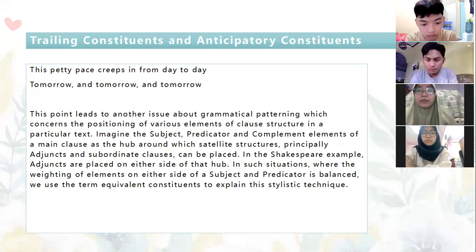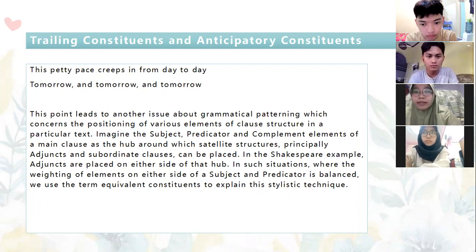issue about grammatical patterning, which concerns the positioning of various elements of clause structure in a particular text. Imagine the subject, predicator, and complement elements of a main clause as the hub around which satellite structures, principally adjuncts and subordinate clauses, can be placed.